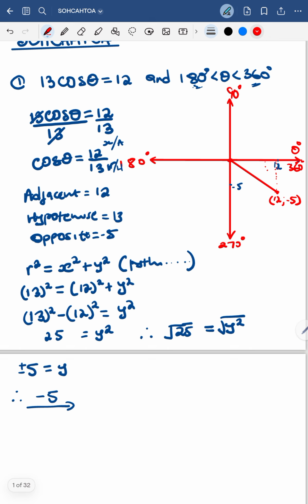So opposite side, it's negative 5. Then the radius, which is hypotenuse, let's write it there. We say that it's 13. So this is our 13 there as our radius. So this is how you find all the sides using the interval, okay?